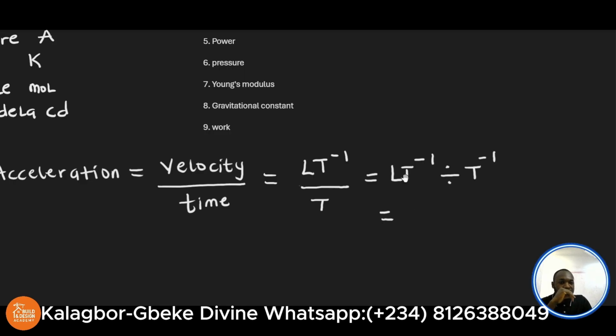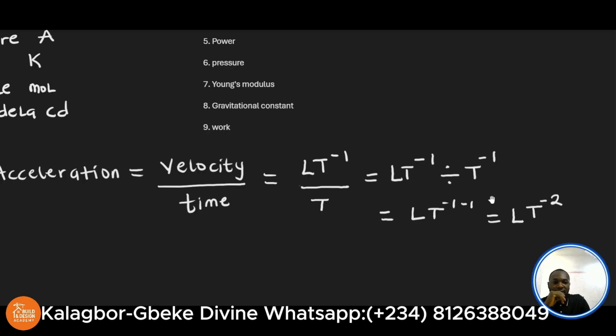If we break this down further, when dividing the same base, T and T, we subtract their powers. So we have acceleration as LT raised to the power minus 1 minus 1, which gives us LT raised to the power minus 2.